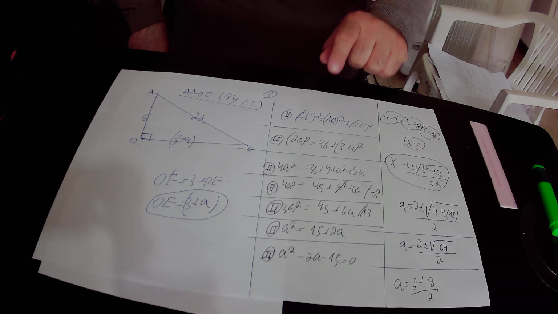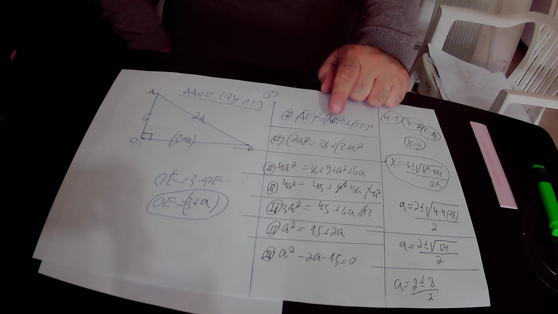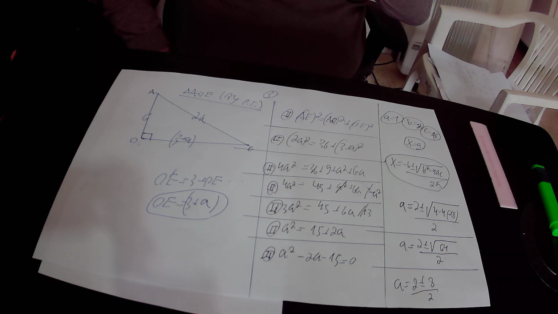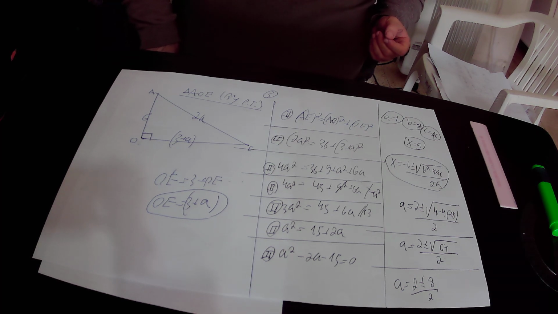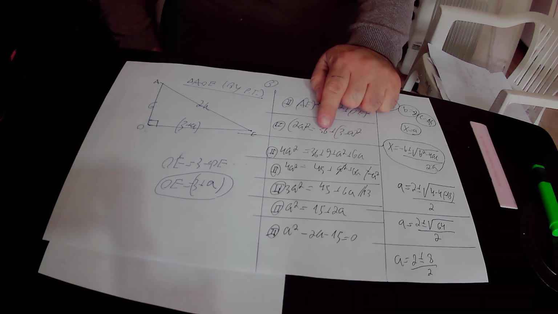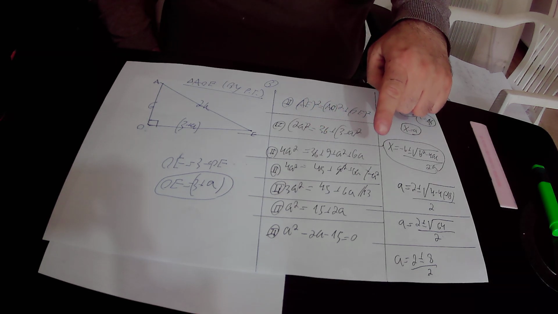We open the brackets on both sides of equation number 2. (2a) squared is 4a squared, and that is equal to 36 plus (a plus 3) squared. (3 plus a) squared equals 3 squared, that is 9, plus a squared plus 6a. 36 plus 9 is 45. So in conclusion, 4a squared equals 45 plus a squared plus 6a.